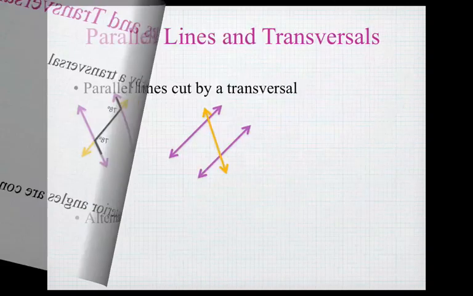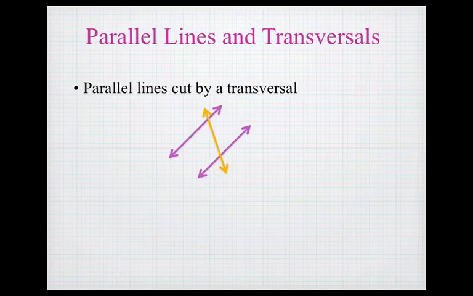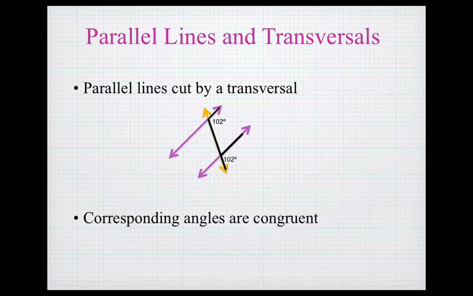There are other pairs of angles formed when you take parallel lines and cut them by a transversal. We're going to look at one other pair called corresponding angles. These angles correspond. That is, they're at the same relative place in terms of the transversal on each line. Again, corresponding angles are congruent.